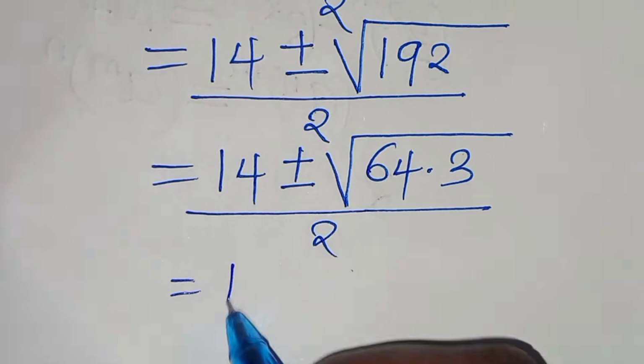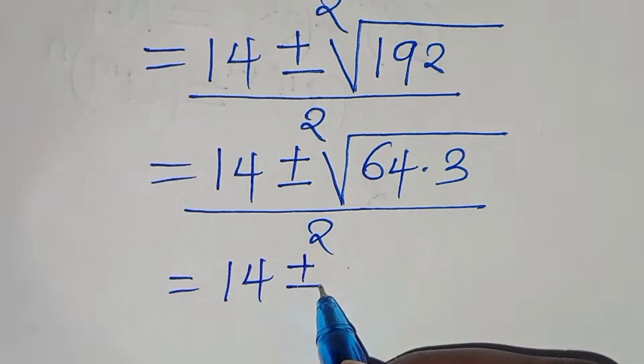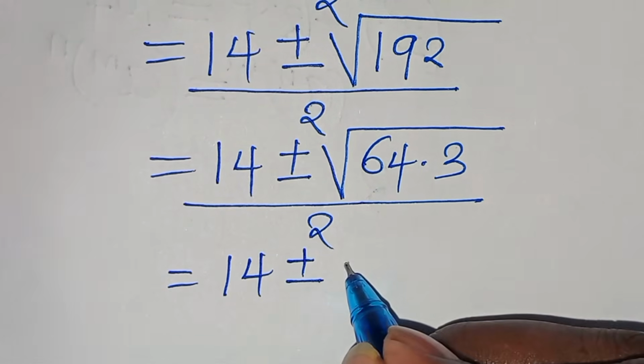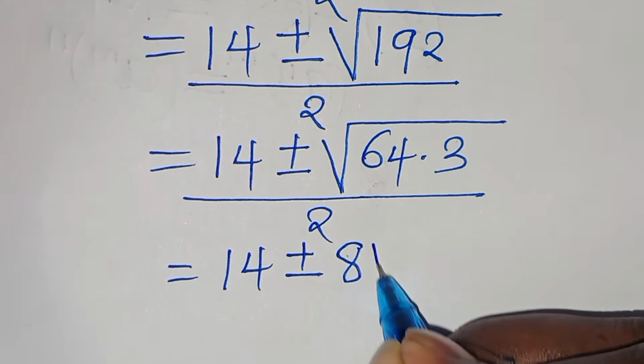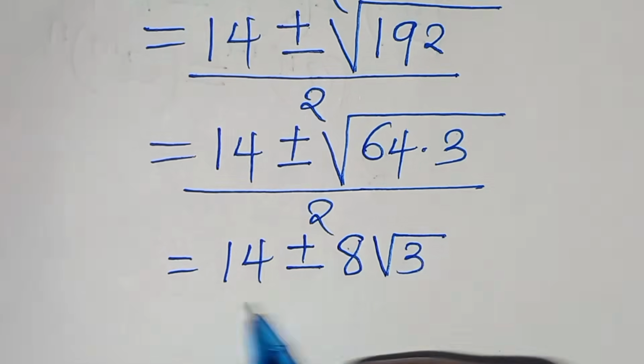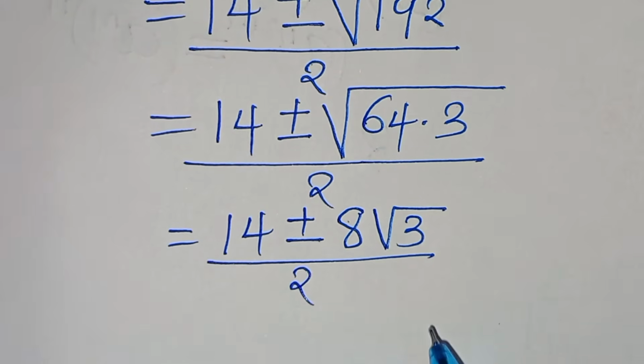So we have 14 plus or minus the square root of 192, everything divided by 2. Now, we can express 192 as 64 multiplied by 3, so we have 14 plus or minus the square root of 64, which is 8, then square root of 3, divided by 2.